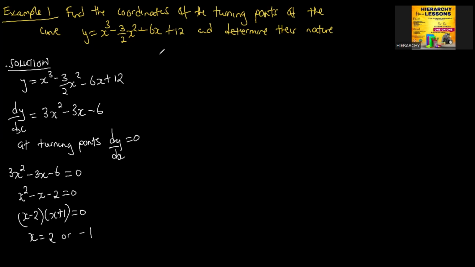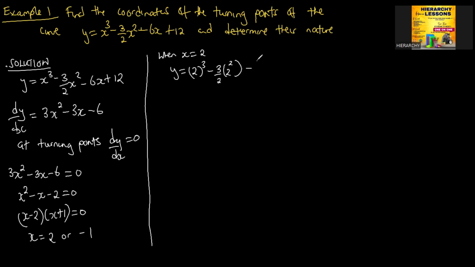Now I want to find the y coordinates. So we're going to go into the original equation of the curve. When x is equal to 2, y is equal to 2 cubed minus 3/2 times 2 squared minus 6 times 2 plus 12.